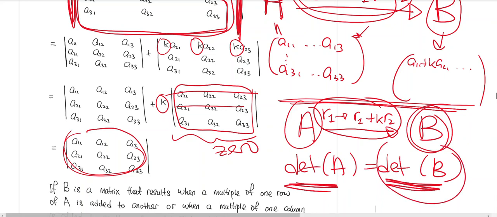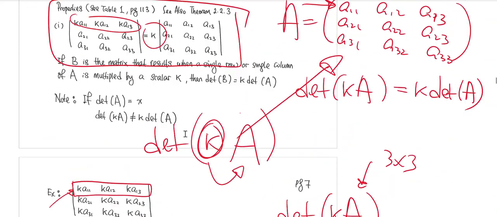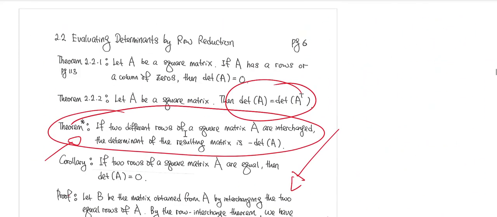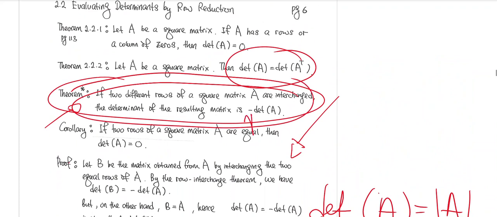But be careful though, I'm not saying that if B is obtained from A by doing a row operation, then the determinant of B is the same as the determinant of A. I'm not saying that, because there are three types of row operation. You can interchange the rows, and from the facts that we have seen before, if you interchange the rows, you will actually get a negative sign.